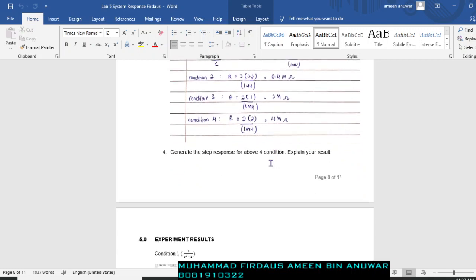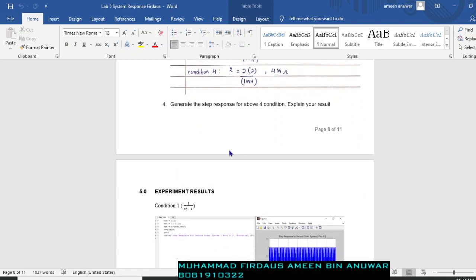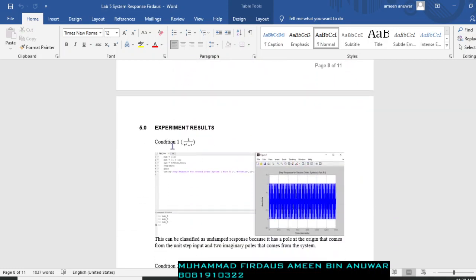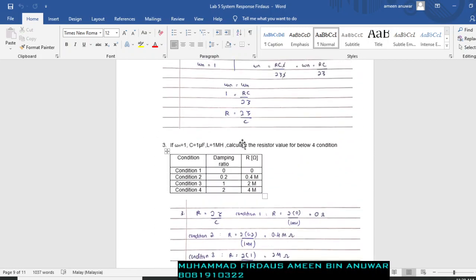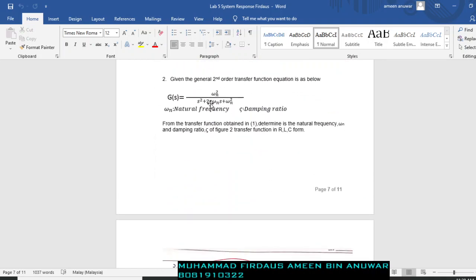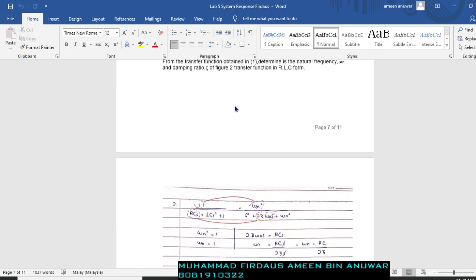And the last step is the step response for all the conditions. For the first condition, by the way, how I obtain this equation is from the general equation for the second order. As you can see here, 1 over s squared plus 1, because for condition 1, this is the equation: omega n squared, s squared, 2 zeta omega n s, and omega n squared.